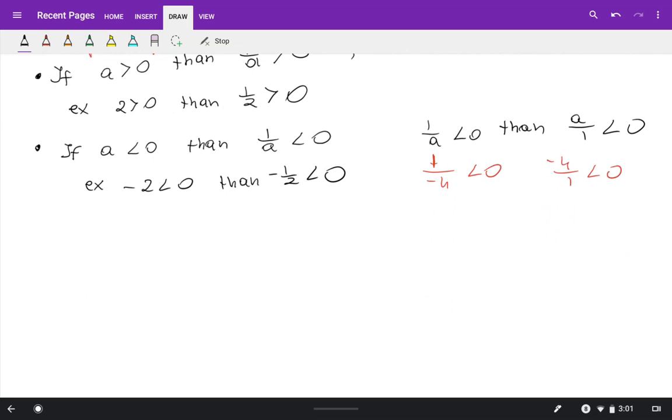To solve inequalities, let me just write a note.